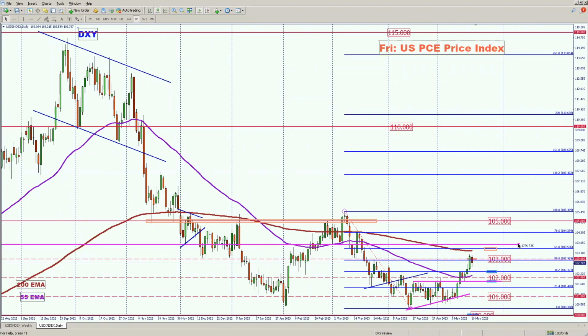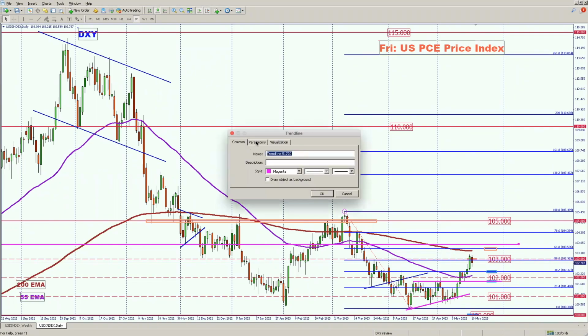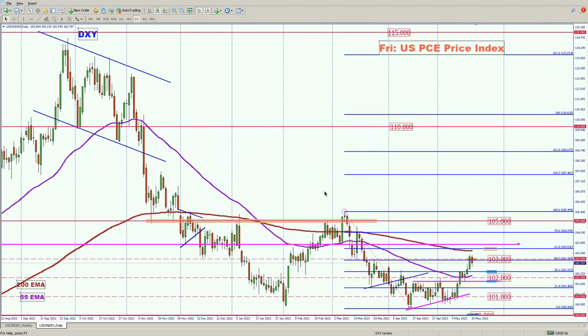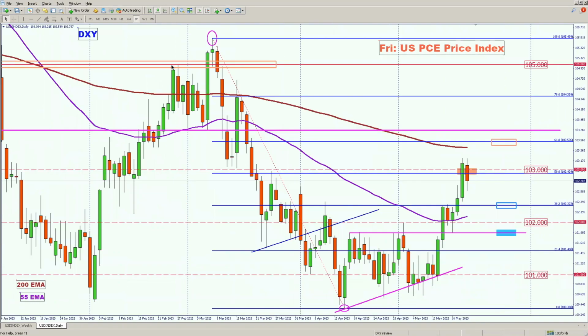And let's extend this further out. And that's at the 103.75 area. Yeah, that's only if it's able to break through the 62 fib retracement.